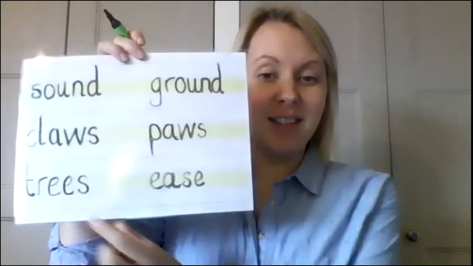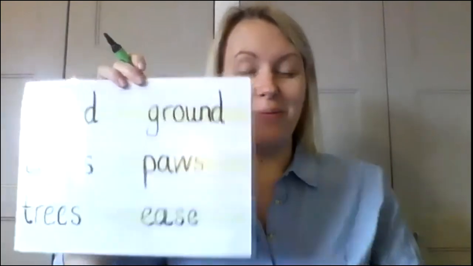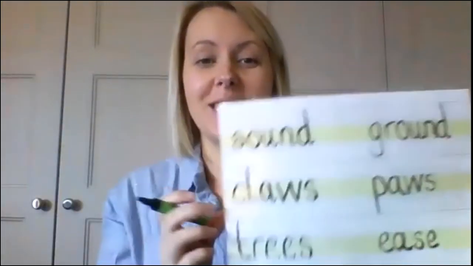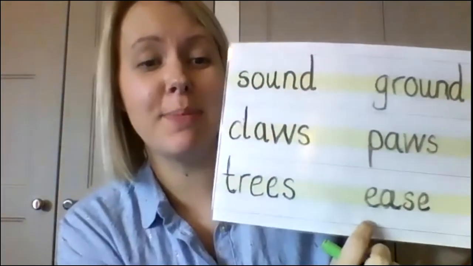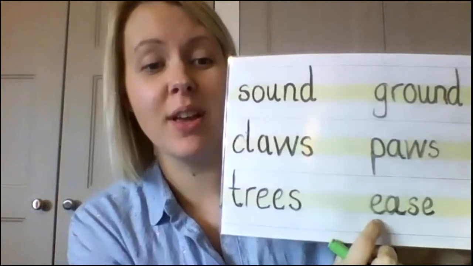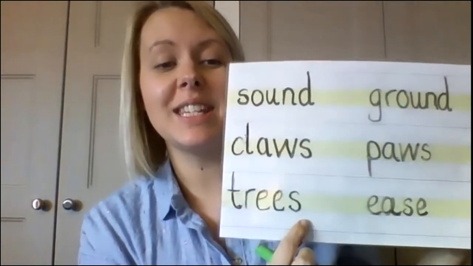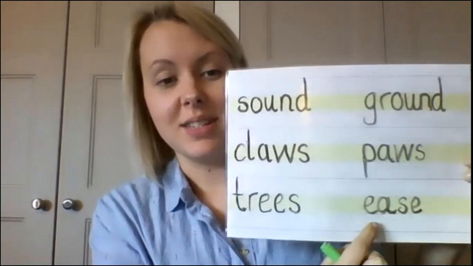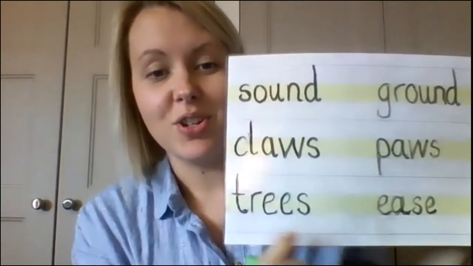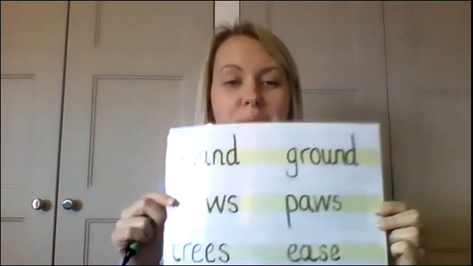See if we got the same one. Trees and ease. Well done if you knew it was the word ease, and if you used your correct grapheme for the E sound. So we've got ease and then ease with our sneaky other grapheme there. Trees and ease. Well done, everyone.